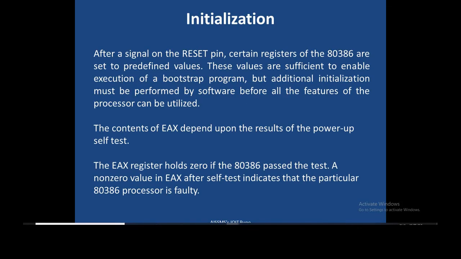First, the initialization part. After the reset signal, when we start our processor, certain registers of the 80386 are set to some predefined values, and these values are sufficient to enable execution of the bootstrap program.